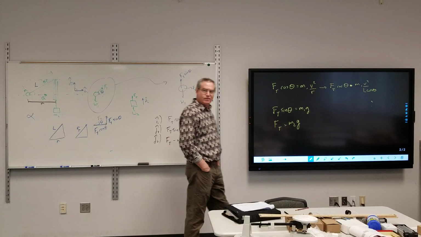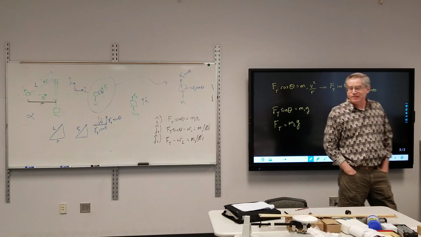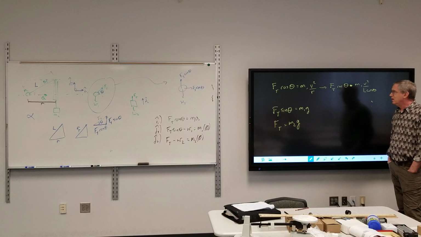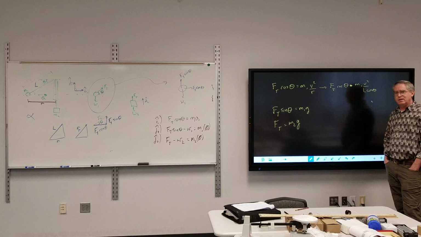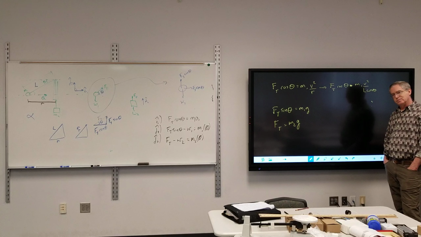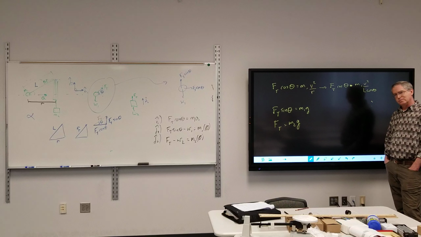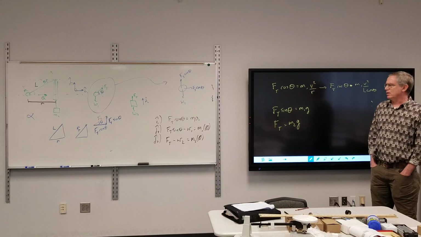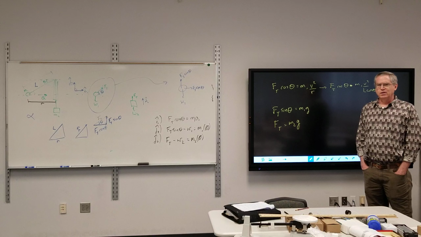Dr. Fox, I forgot why I had v squared over r as positive, since you gave us the centripetal acceleration as negative v squared over r times r hat. So why is it positive now? What was our direction in our coordinate system?